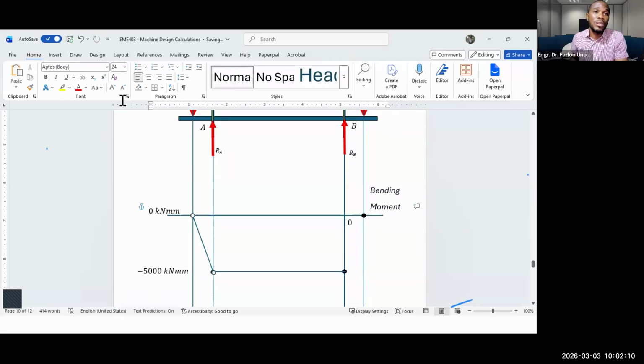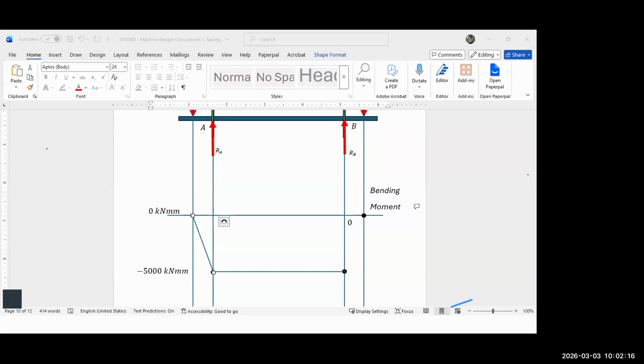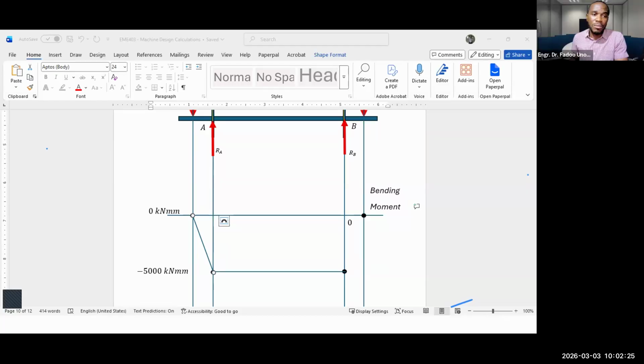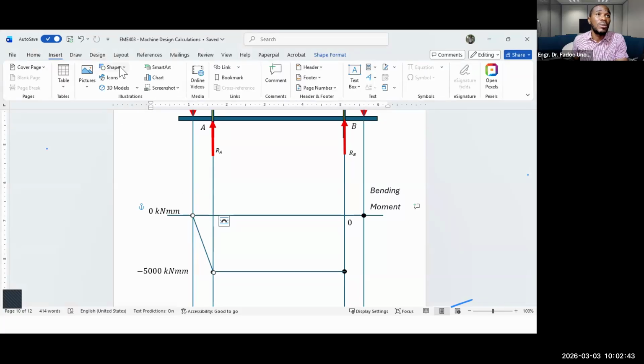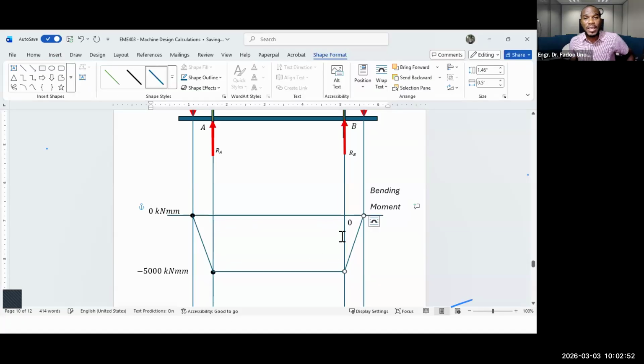Then I'm going to pick, all right, then we pick a where is it now? Okay. So this area under here, okay.